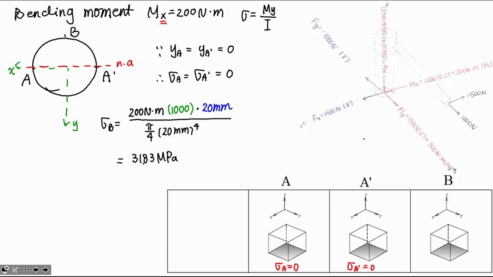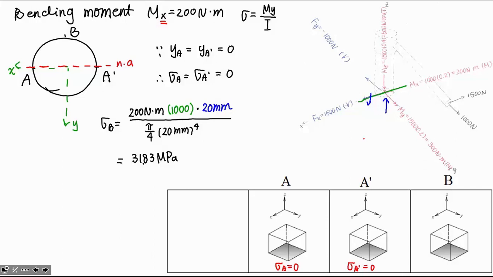After we do this calculation, the next thing we are going to think about is, is B under tension or compression? How could we tell? What you need to do is curl your hand. From your FBD, this is your neutral axis, the x-axis. On the B end, the stresses need to go down, and on the other end, they have to go up, so that when you curl following these two arrows, you are going to have a positive bending moment around the x-axis.